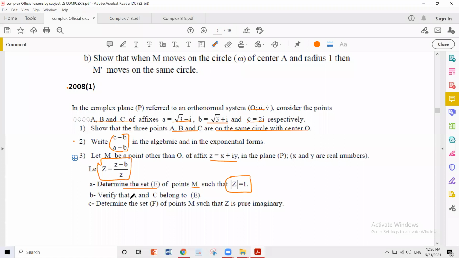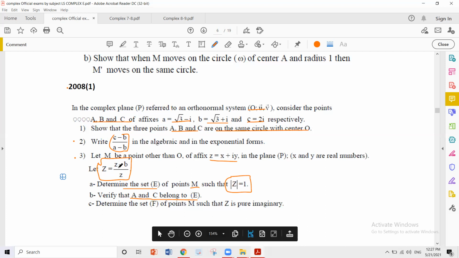How to prove that A and C belongs to E? إيه يا شباب كيف برهن ال A وال C belongs to E؟ How to prove that A belongs to the perpendicular bisector of OB? هلا في عنا ب two methods.